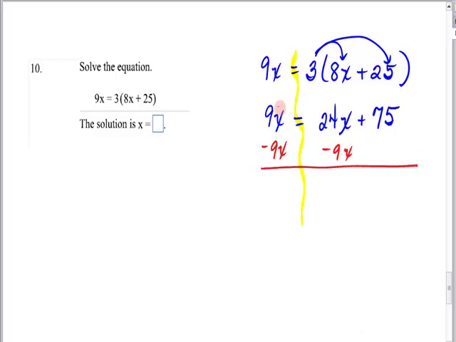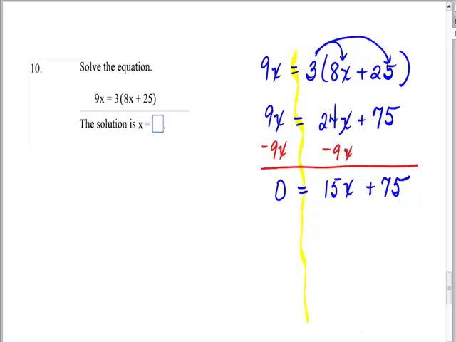Don't be disturbed if once in a while that leaves you a side of the equation with 0. That's okay. 25x minus 9x gives me 15x plus 75. Now, variables have ended up over here on the right-hand side, so I need to get it by itself.